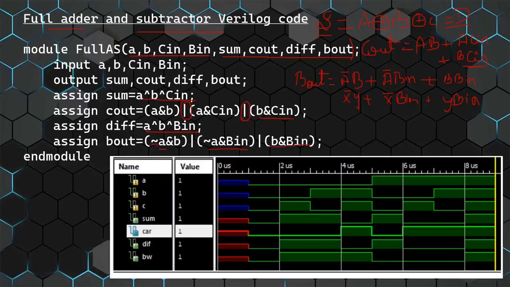Then end module. So this is the output when A value is 1, B value is 1, and C in value is 1. So when A, B, C in value is 1, sum, carry out, difference and borrow out value is 1.